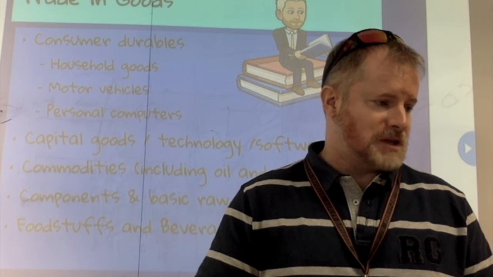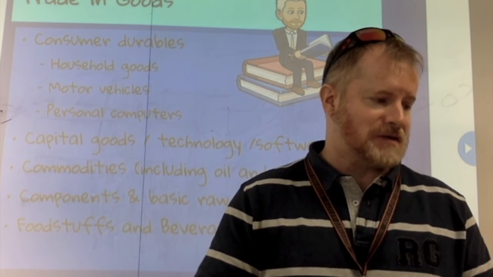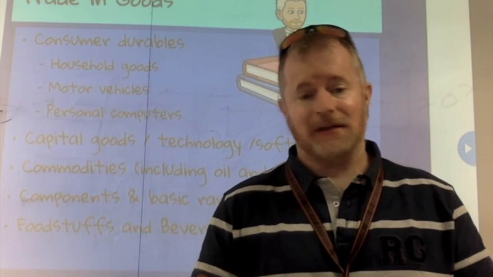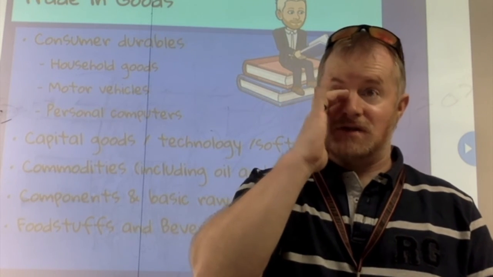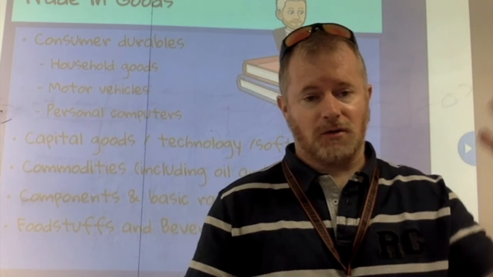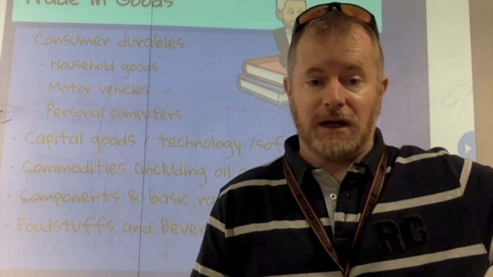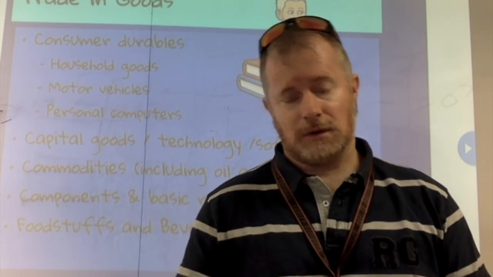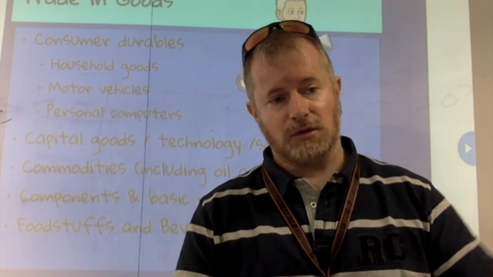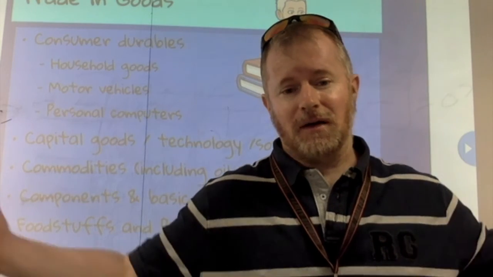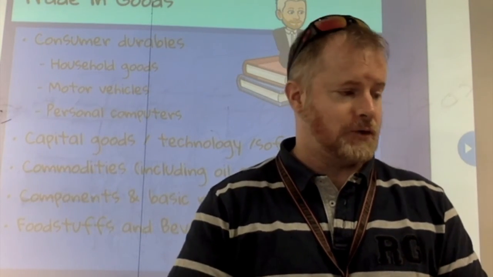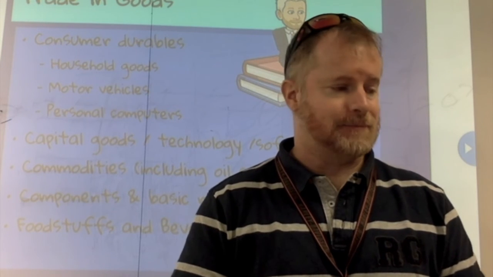Components and basic raw materials, foodstuffs and beverages. Again, same idea. You see that happen quite a bit. You can go to the grocery store and find Korean products, Japanese products, Chinese products in the grocery store. They're importing products from all around the world, foodstuffs and beverages.